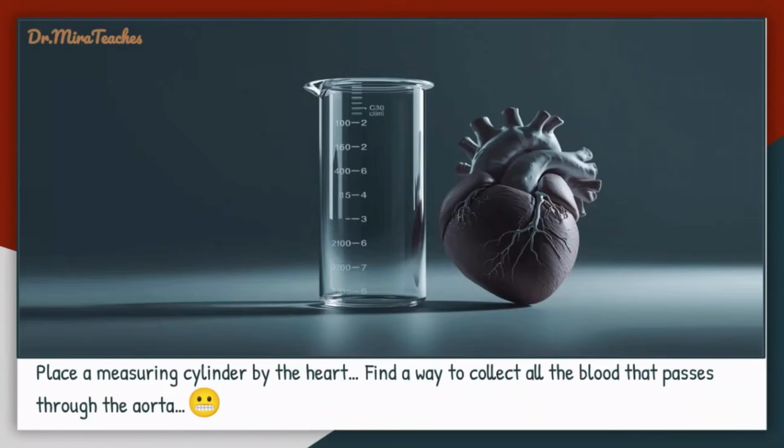Now, let me give you the procedure for understanding what stroke volume is. And this is even simpler. You need the same items, you just need a measuring cylinder and then your heart. Find a way to collect all the blood that passes through the aorta. Remember, don't try this at home, at school, or anywhere.